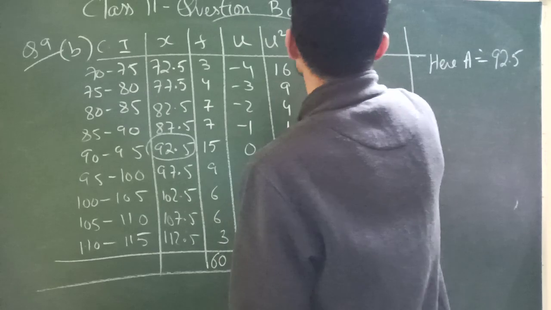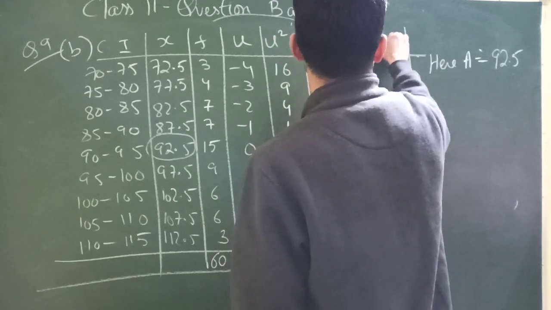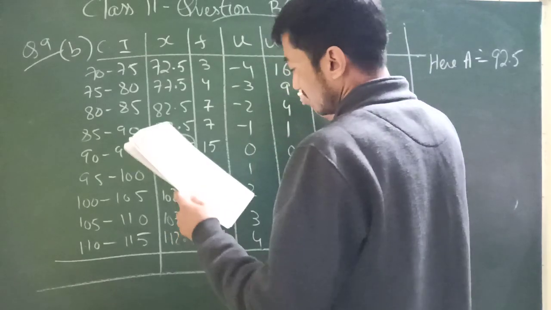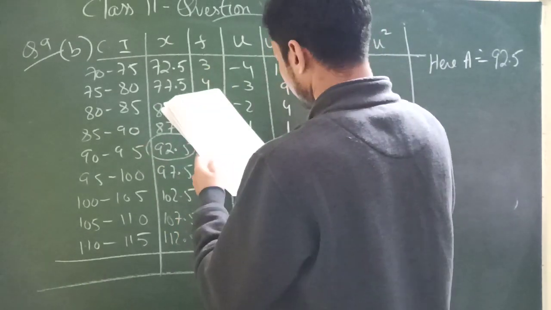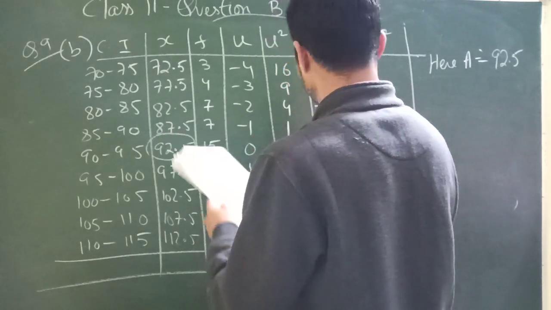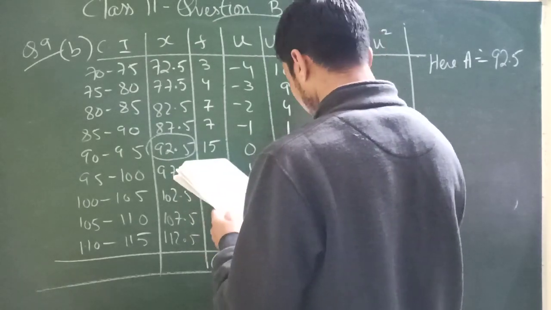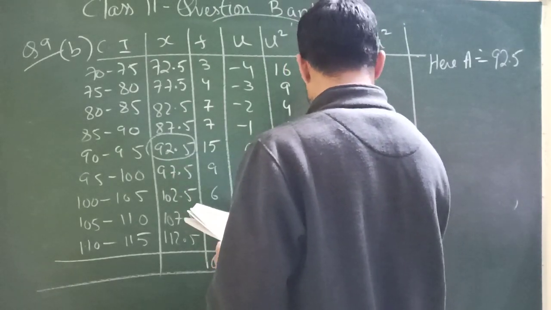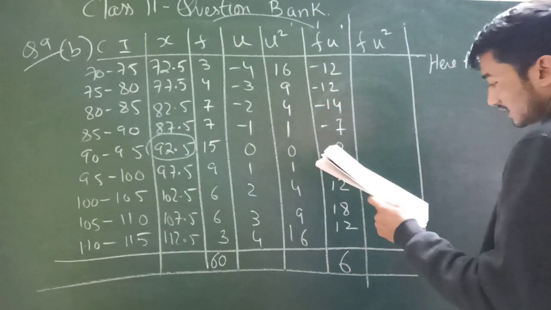Then I'll need the product of the frequency with the deviation, and the product of the frequency with the square of the deviation. So f into u: minus 12, minus 14, minus 7, 0, 9, 12, 18, 12, total value after addition and subtraction is 6.